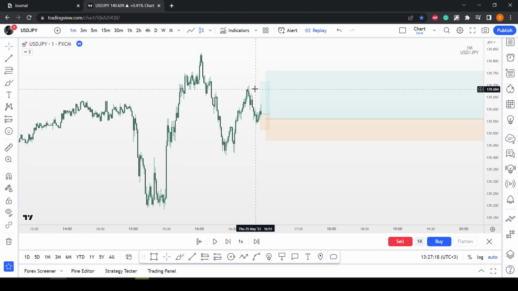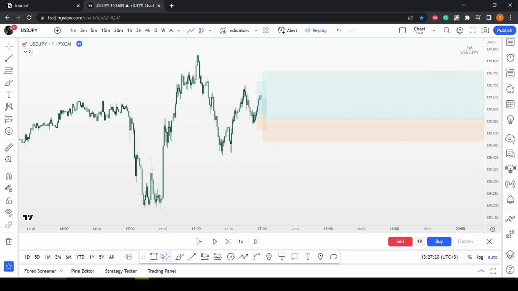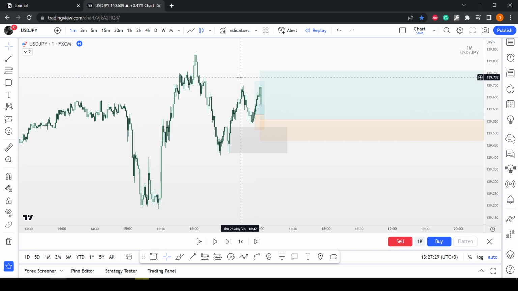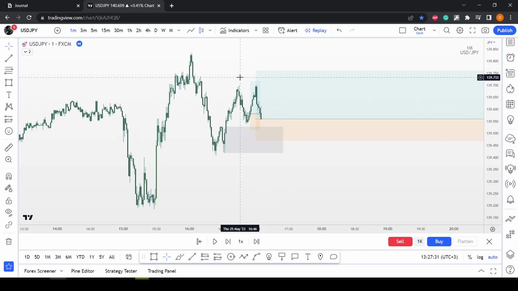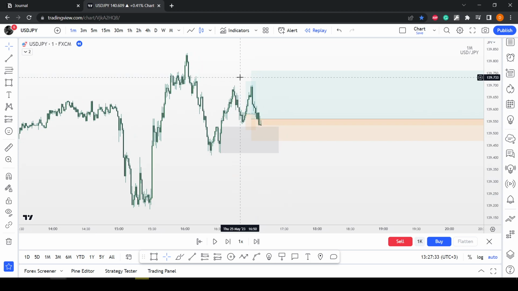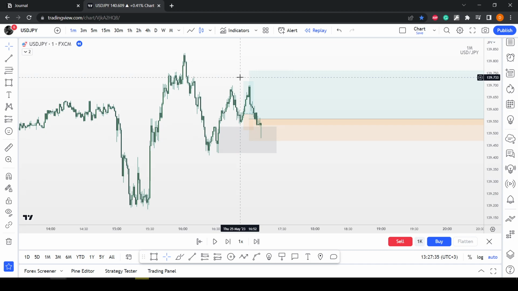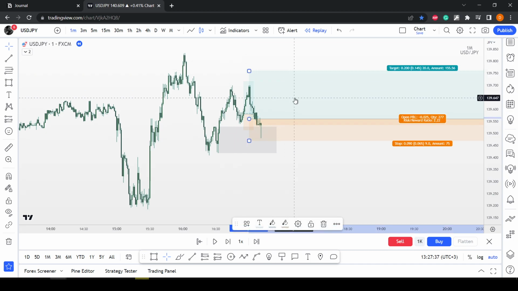Gave it an early entry here, so didn't want to wait for full mitigation. Entered here, went to break even here at this candle, took me out at break even, and then re-entered after. So to be honest, yes, my re-entry point is, oh no, my re-entry point is here.